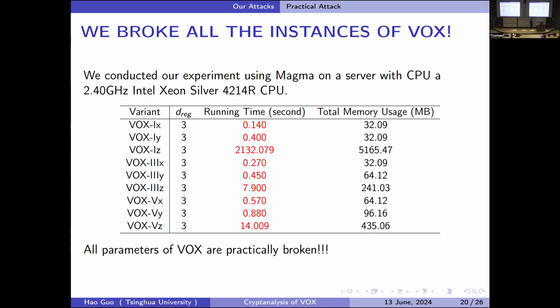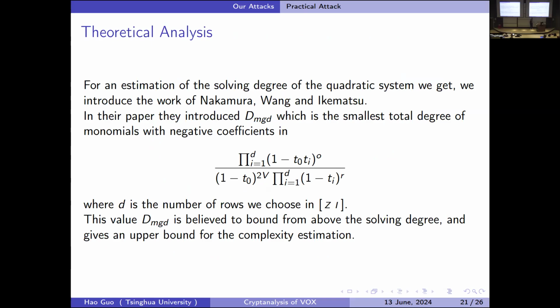And we do not have a very clear interpretation here, and I will give an explanation that is not very good, but it somehow captures the complexity. We are using the work of Nakamura, Wang, and Ikematsu, who introduced a degree which is the smallest total degree of this series.